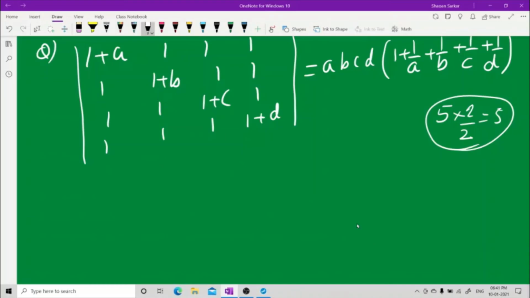Now what I'll do is that I will multiply this complete row.